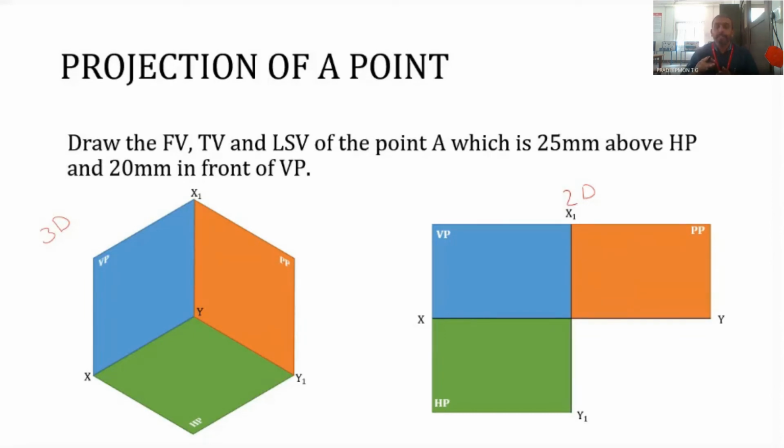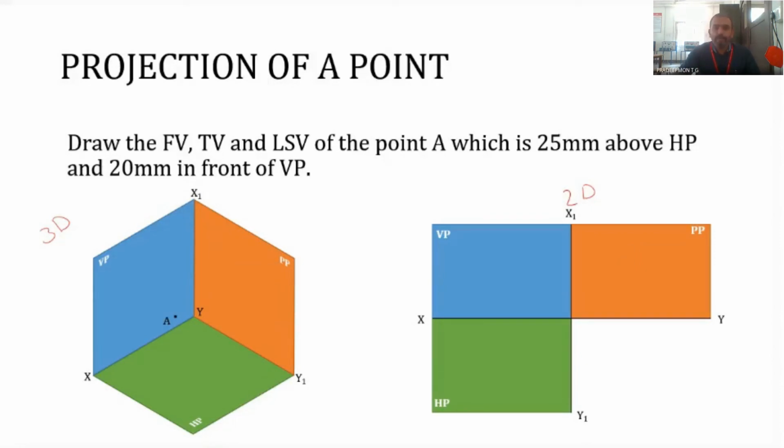It is divided into two, constituting half of the X1 Y1 line and half of the XY line. This part of this line and this part of this line are equal. They should be equal.